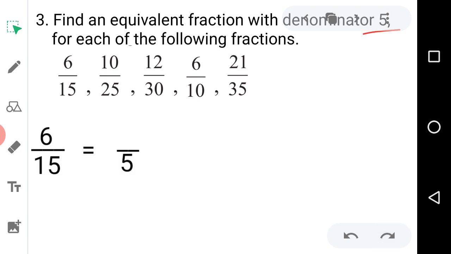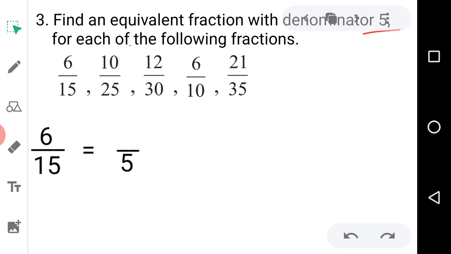See the first one, 6 upon 15 equal to, here it is already given the denominator 5. Here we have to just find the numerator. So first we see the relation between 5 and 15. Here 5 is smaller than 15. So what do we have to do?